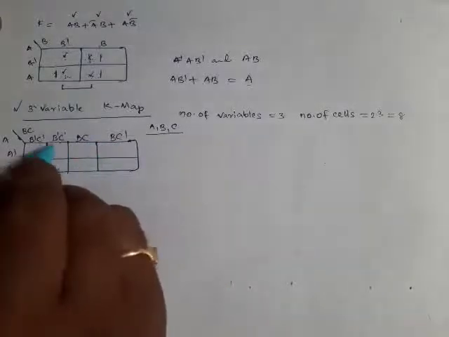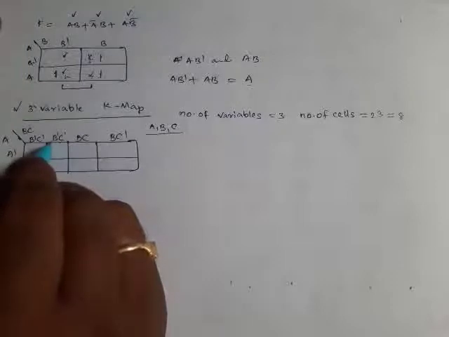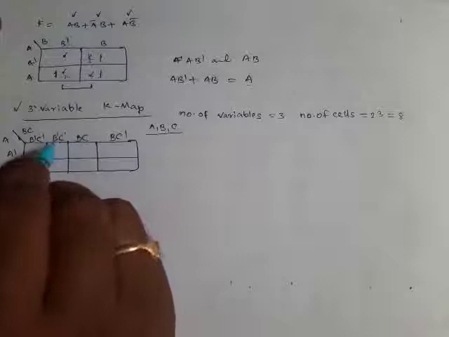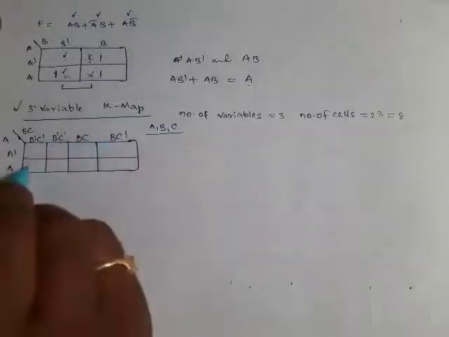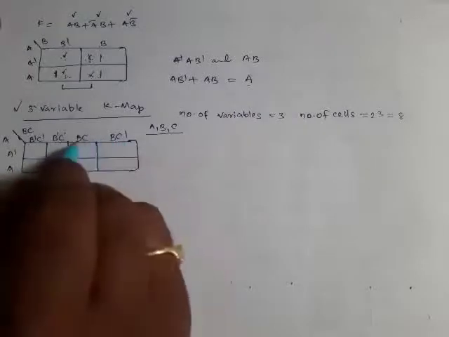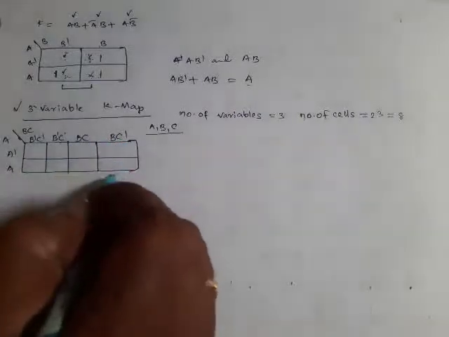So the values of variables must change in only one bit when we are moving from one column to the next column. And this is the sequence that is used when we want to assign variables for the columns.